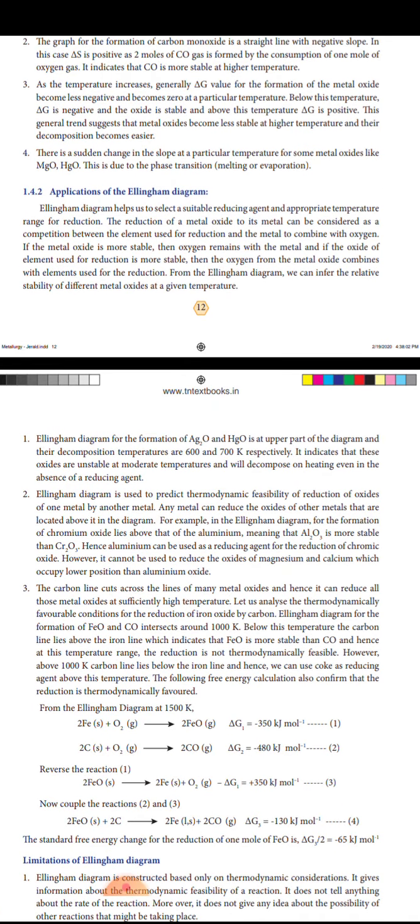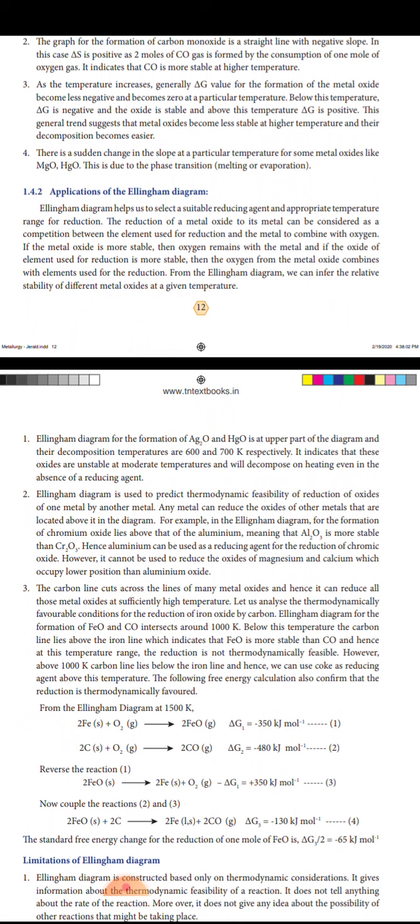The Ellingham diagram helps us to select a suitable reducing agent and appropriate temperature range for reduction. The reduction of a metal oxide to its metal can be considered as a competition between the element used for reduction and the metal to combine with oxygen.